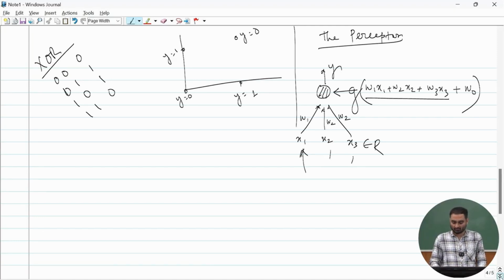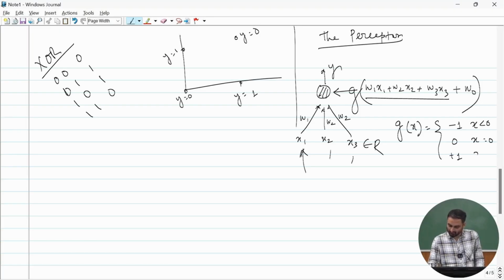Now in case of perceptron, g was essentially a function which would look like this. So g of x is -1 if x is less than 0, it is 0 if x equals 0, it is +1 if x is greater than 0.